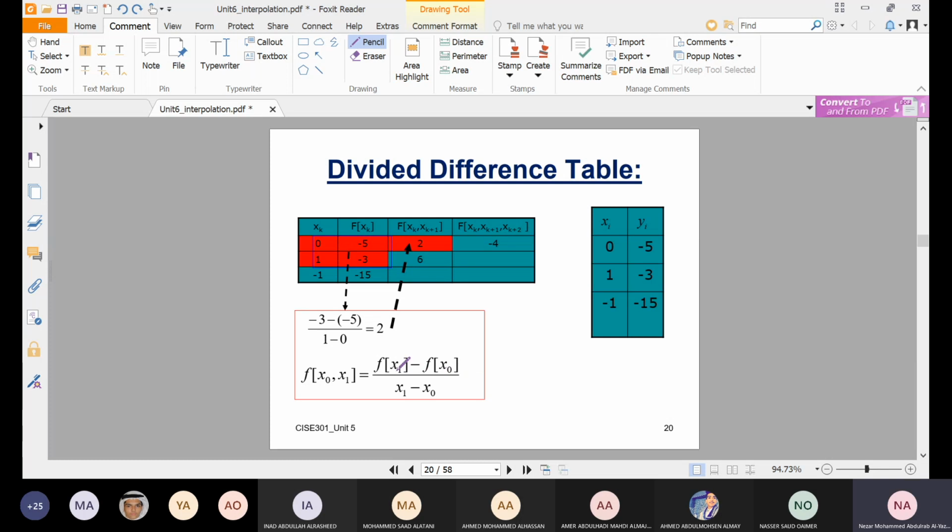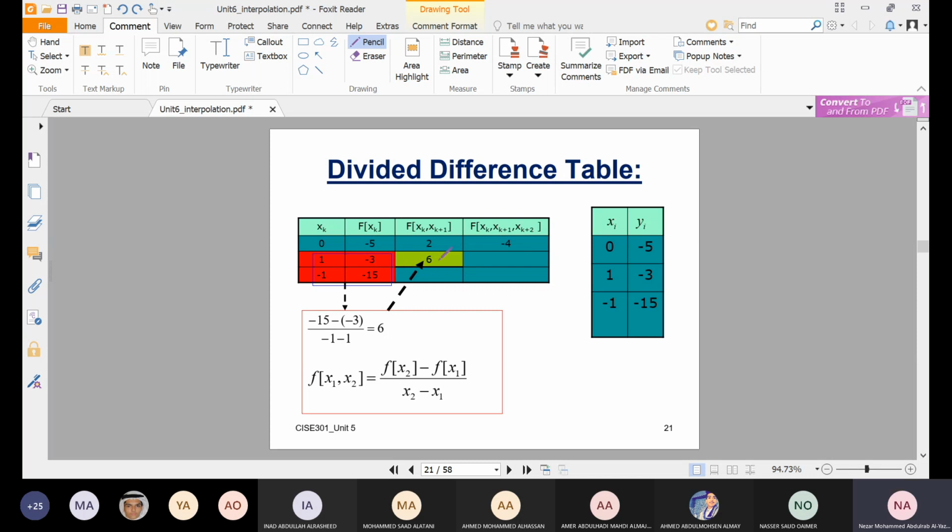So if f at x1 equals minus 3, minus f at x0 equals minus 5, I have minus 3 minus minus 5, over x1, which is 1, and x0 is 0. So I will take the first order divided difference, minus 3 plus 5 over 1, so I have positive 2 over 1, which is 2. So this will be the first divided difference. I will do the same for the second one. So I complete column by column.